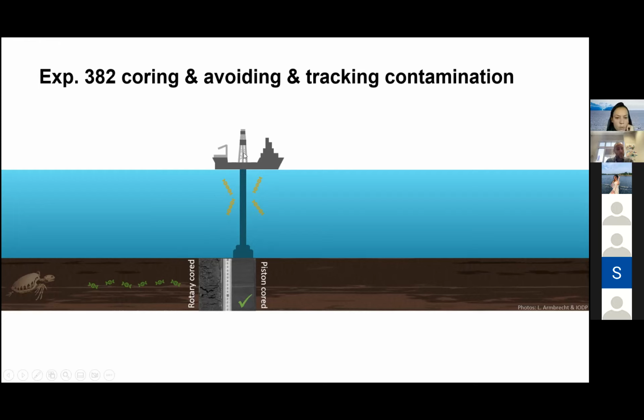That is why we're limited to what the piston corer can do. Usually I think approximately 300 to 400 meters down into the sediments can be achieved with these piston corers. Then the piston corer system is released hydraulically.